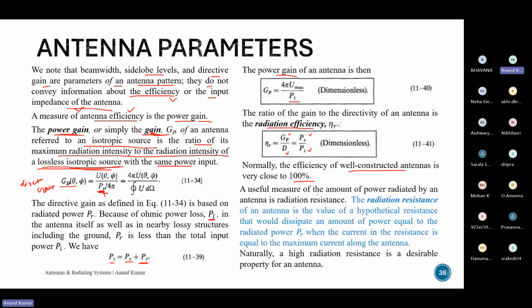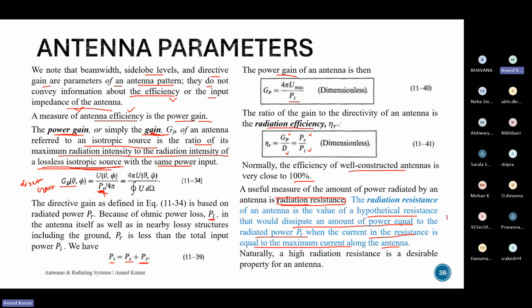Another useful measure of the amount of power radiated by an antenna is its radiation resistance. This is a fictitious term, but used very often among antenna designers. The radiation resistance of an antenna is the value of a hypothetical resistance that would dissipate an amount of power equal to the radiated power when the current in the resistance is equal to the maximum current along the antenna.